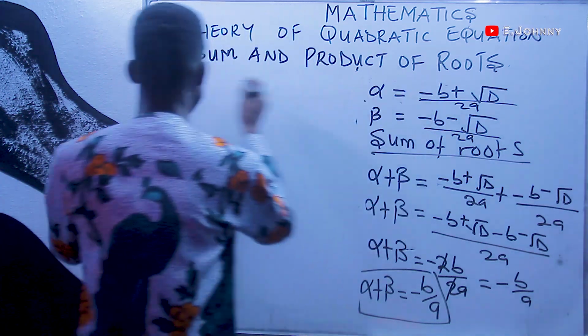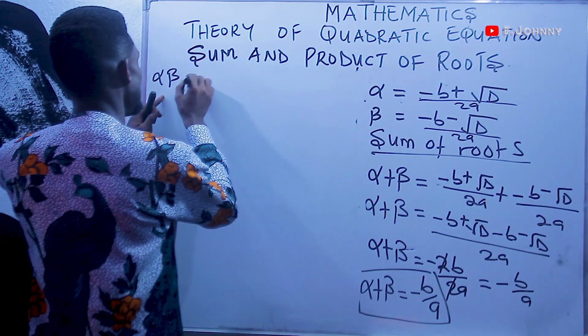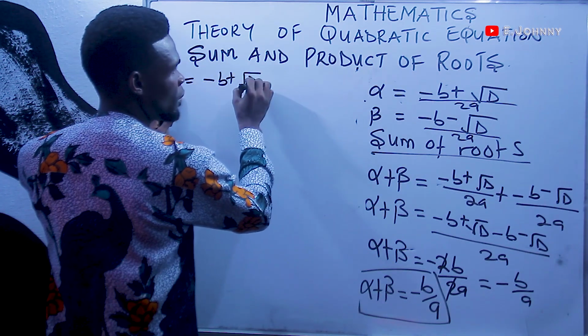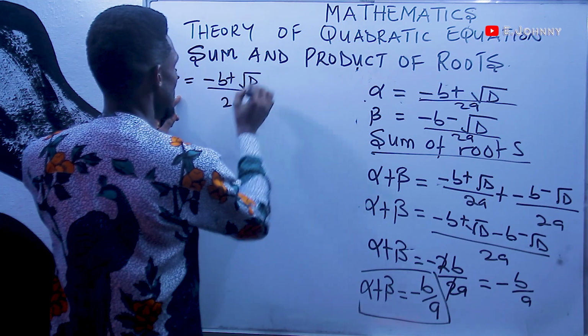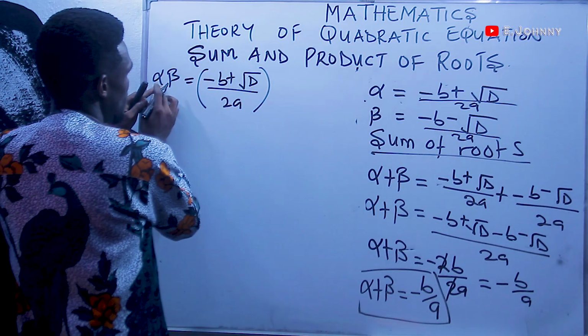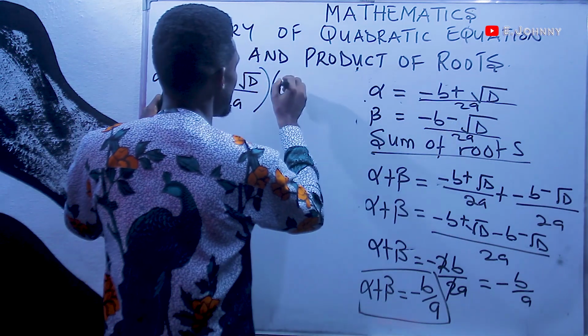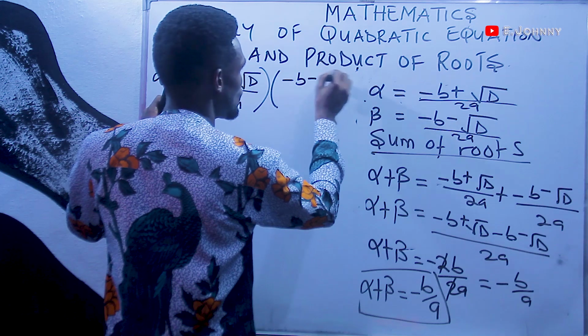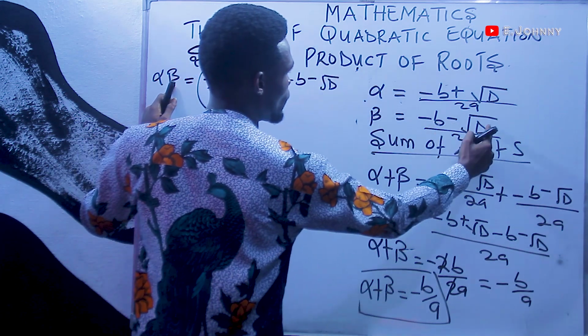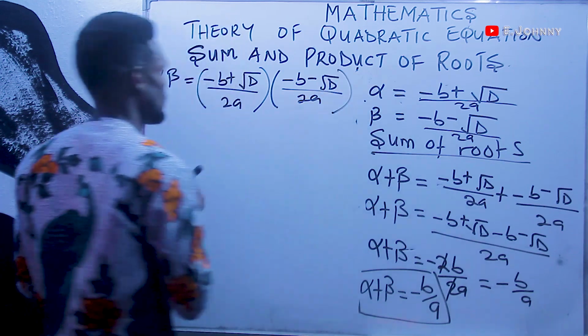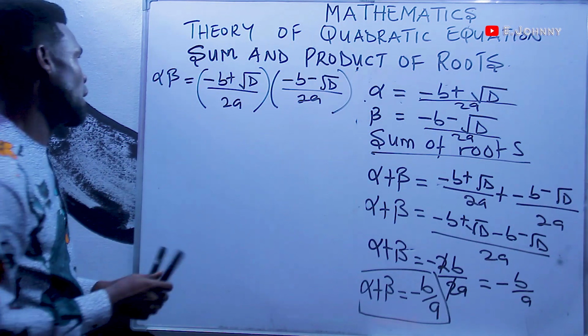Alpha is minus b plus root D divided by 2a, times beta. What is beta? Minus b minus root D divided by 2a. So you are going to multiply.